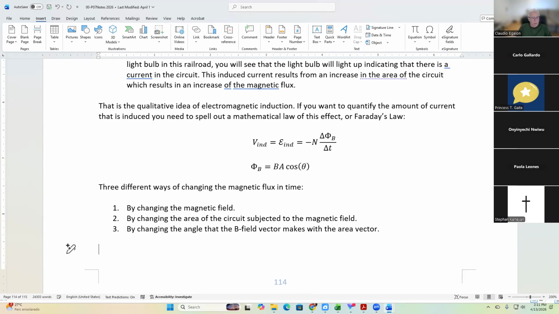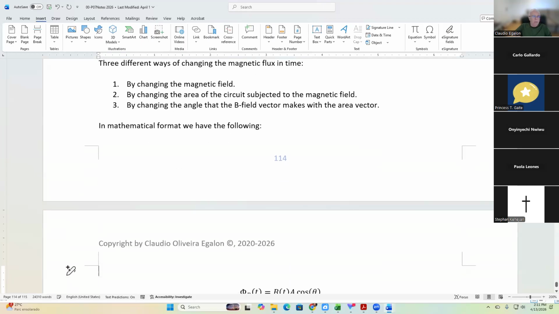Okay, so here you go. In mathematical format, we have the following. One, changing the magnetic field, like that.